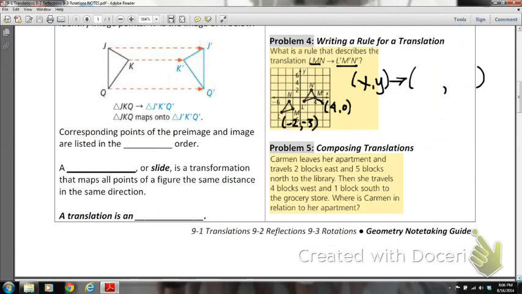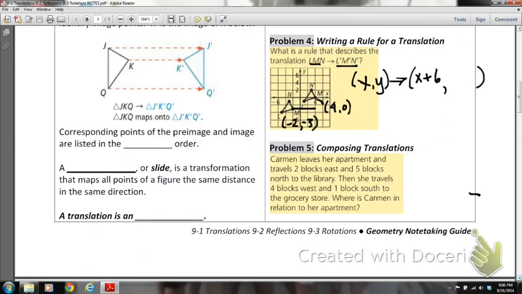So the question is, how many units do you have to move horizontally to get M over to where M prime is? You have to move 2, 4, 6 units to the right. So that means you're going to take whatever the x value is, and you're going to add 6, because we moved 6 units to the right to get from M over to where M prime is.